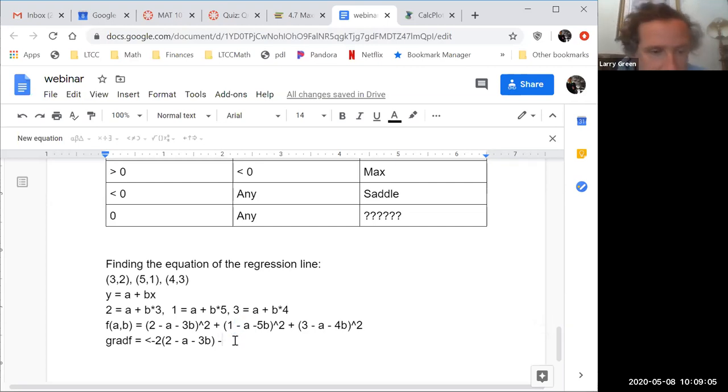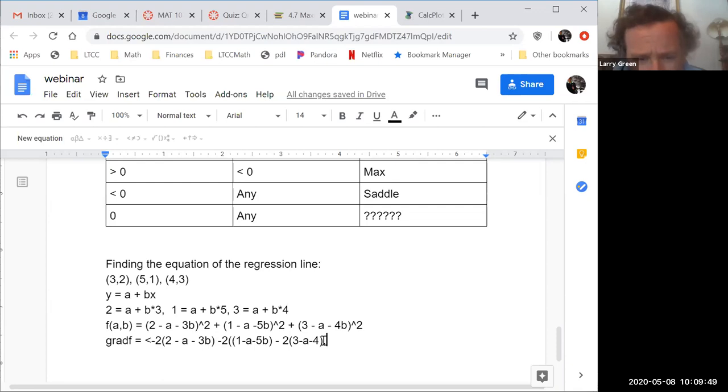That's minus 2 times 1 minus a minus 5b. And then again, we get another -1 from the derivative of negative a, so we get minus 2 times 3 minus a minus 4b, comma. Then we're going to do the same thing with the derivative with respect to b. Any questions on this so far?